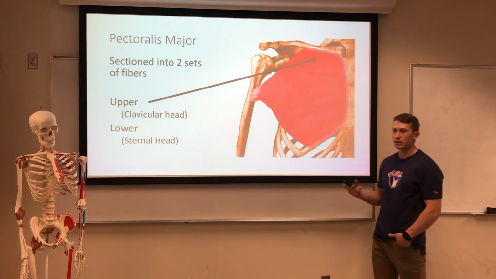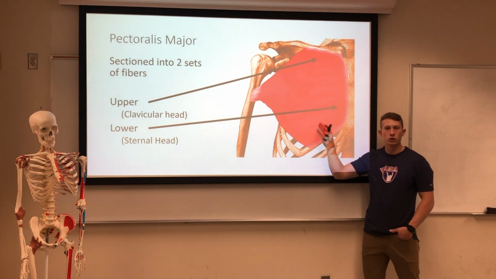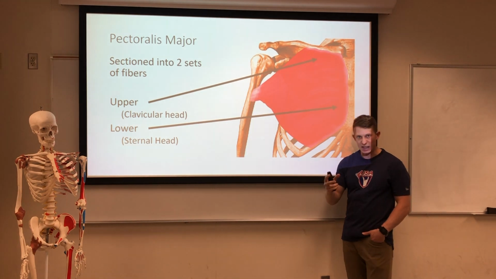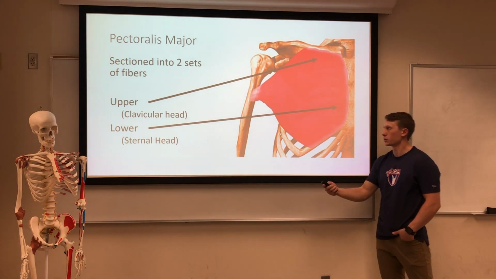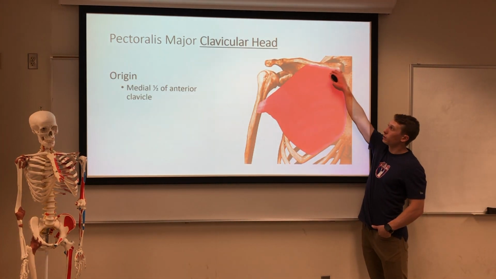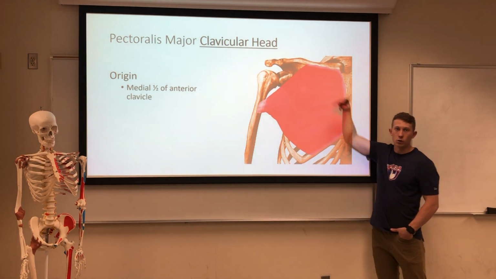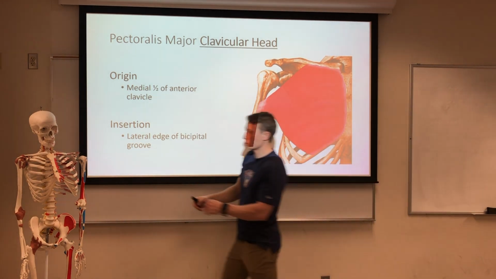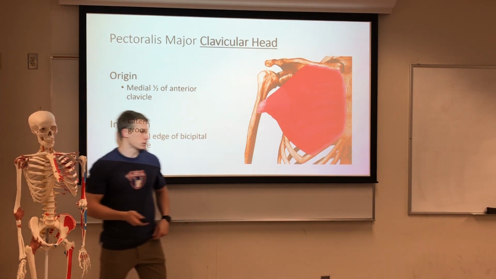Okay, we have 2 different sets of fibers. We have our upper or clavicular head and our lower or sternal head. Each origin will correspond with slightly different functions, but they will work together synergistically for quite a few of their functions. If we look at the clavicular head first, that medial third of the clavicle is going to give us our origin, and then the insertion will be on the lateral edge of the bicipital groove, lateral and anterior on the humerus.